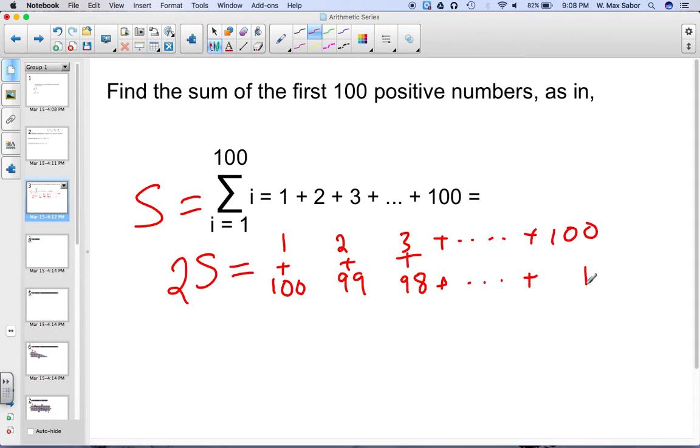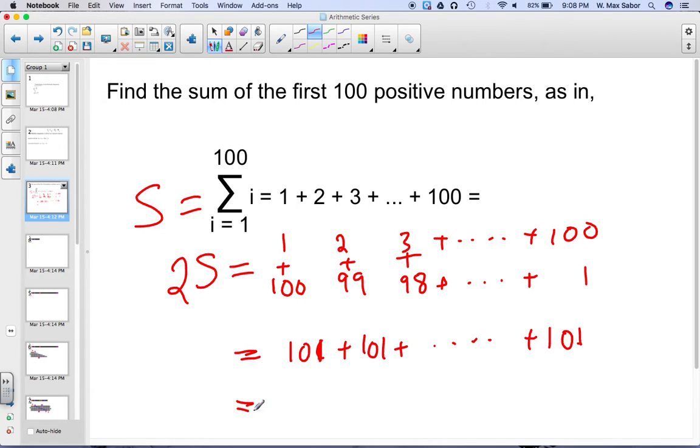He just realized that no matter which pair we're adding here, this is 101, this is 101, this is 101. So this is 101 plus 101, all the way up through 101.